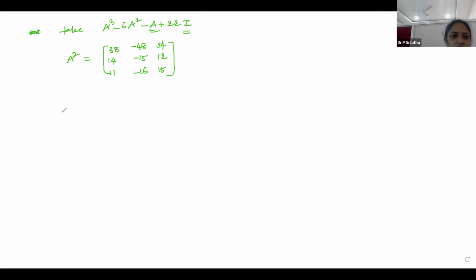Very good. So A cube is equal to 214, minus 296, 206. Very good, 84.